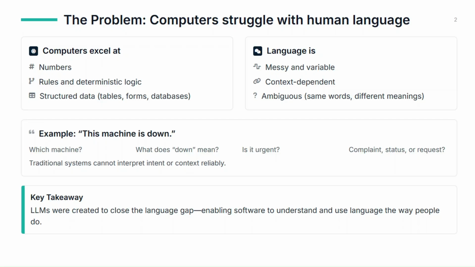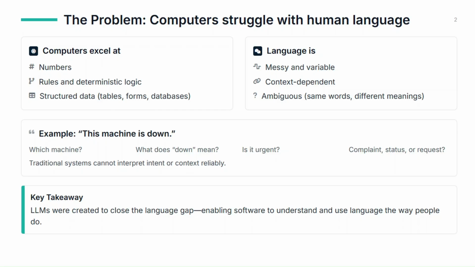With LLMs, machines adapt to humans. We interact using natural language, just like we do with people. Today, we shall unpack what this really means, clearly, calmly, and without technical complexity.